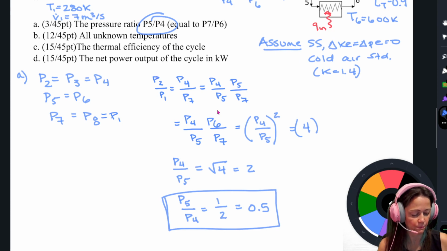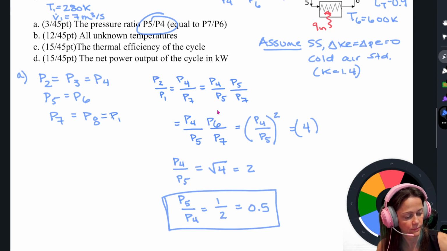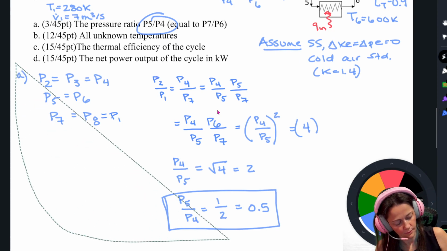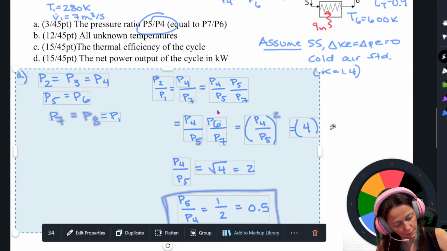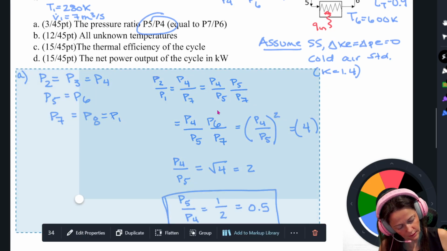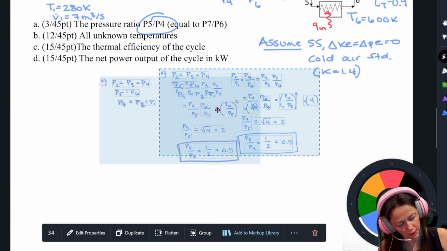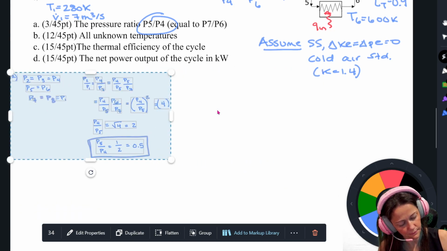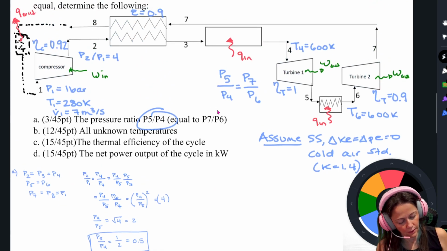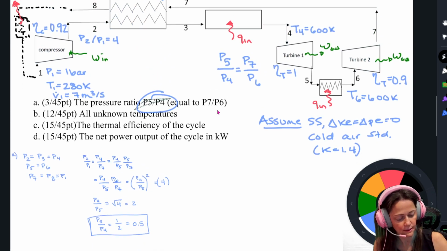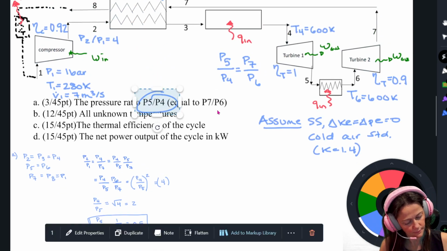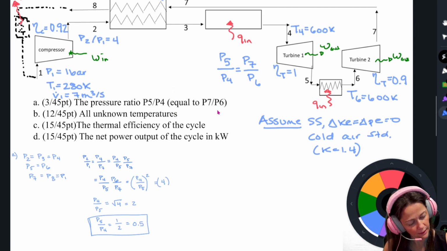All right. Make this just a little bit smaller here. Kind of move him out of the way for now. All right. So we've got the first one. And now we need to get all the unknown temperatures.